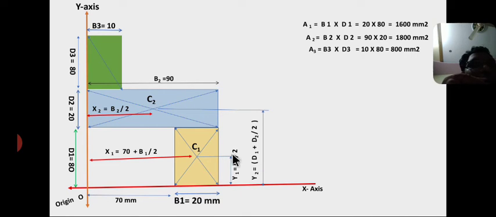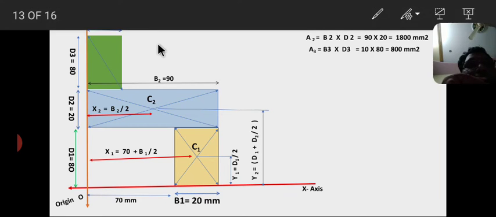Now y2 equal to the height of the bottom rectangle, that is d1, plus half of the second rectangle, so d1 plus d2 by 2.